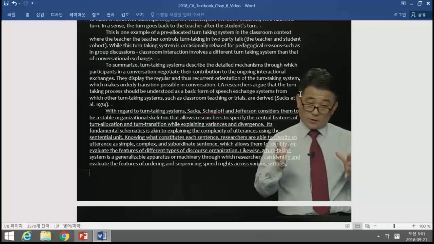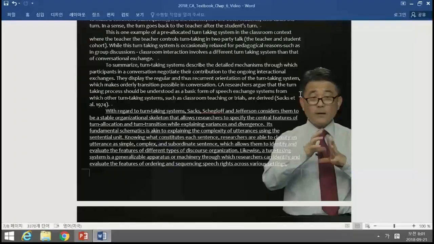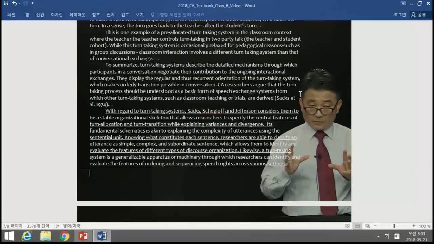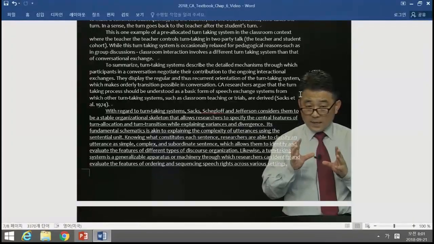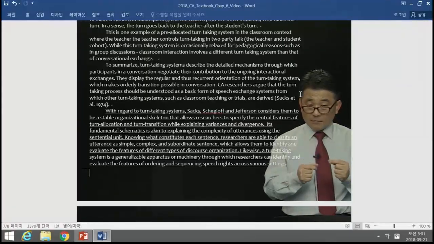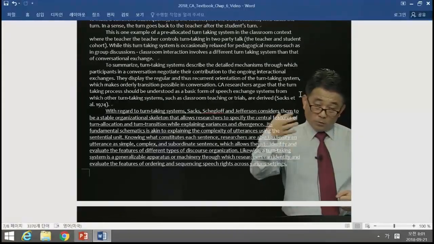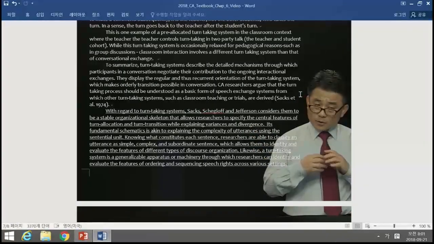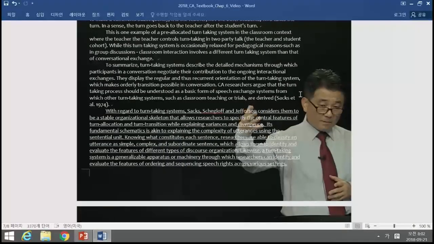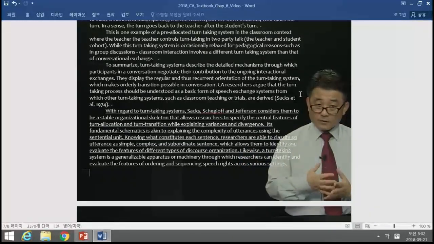So these researchers, particularly Harvey Sacks, thought that the turn-taking system is a basic system of all kinds of interaction. So conversational turn-taking becomes a basic. And once we know the basic, then we can see the variations of it. For example, classroom interaction or courtroom procedures show a different kind of turn-taking system. And we can understand that system because we are already familiar with the basic conversational system.